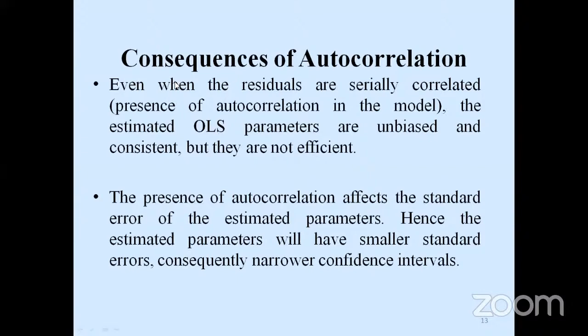Even when the residuals are serially correlated, in the presence of autocorrelation in the model, the estimated OLS parameters are unbiased and consistent, but they are not efficient. The presence of autocorrelation affects the standard error of the estimated parameters.